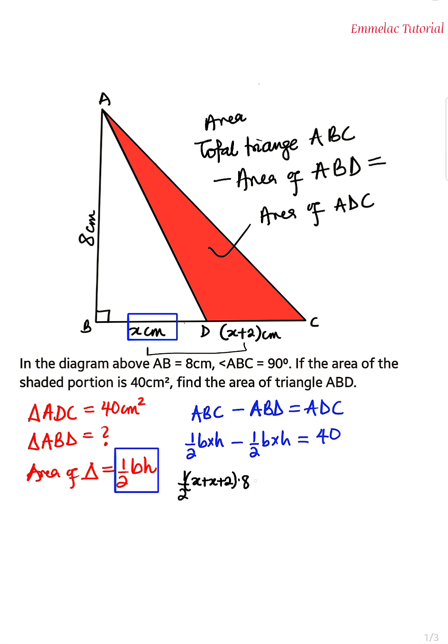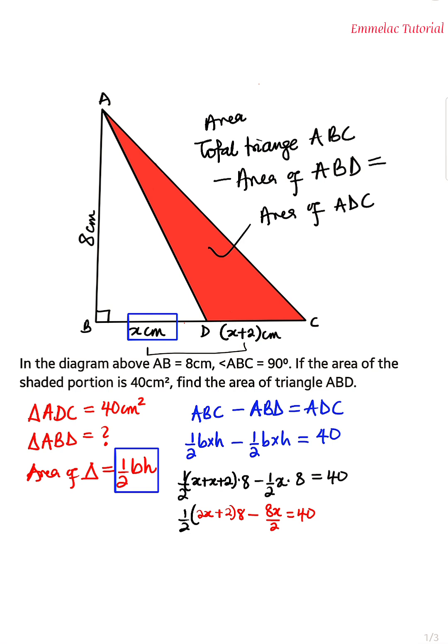So here you have 8, then minus 1/2. Now the base of ABD should give us x, then times 8, which is the height. All of this equals 40. So we then have 1/2, summing what is in the bracket, you have 2x plus 2, times 8, minus 8x, all over 2 equals 40.